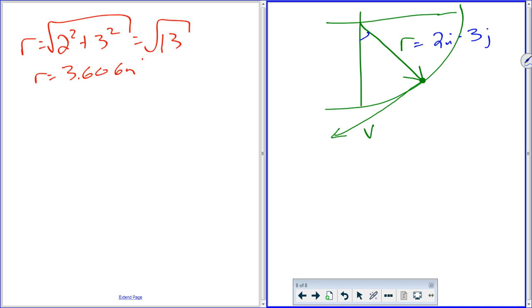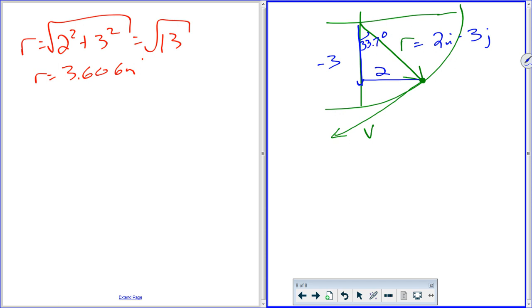Do you guys agree we could use a little bit of trig to find that angle there? Yes. Right, because this is going to be -3. This is 2, right? So I could do inverse tangent, right? So let's find out what that angle is using the calculator that I keep setting down in a different place every time I use it. Inverse tangent of 2 divided by 3 gives 33.7 degrees.